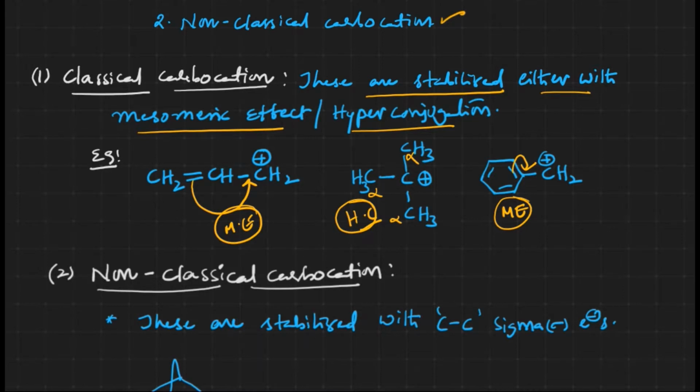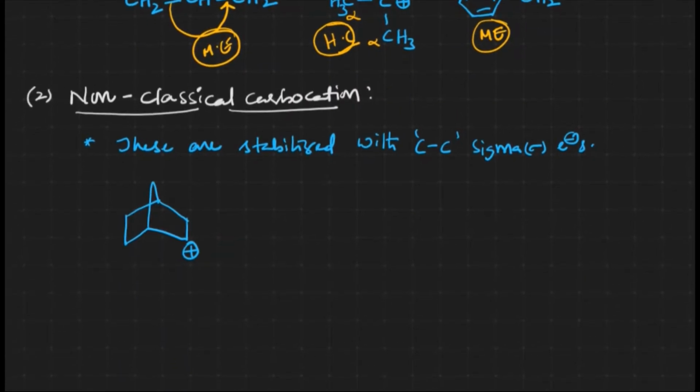Now let us see what is meant by non-classical carbocations. Non-classical carbocations are stabilized by C single bond C sigma electrons. How will this be stabilized? Let us see here. This is the carbon, this is the carbon, and between these carbons a single bond is there. A single bond means a sigma bond, and the electrons inside are sigma electrons. Now how will these stabilize this one? Something like this.